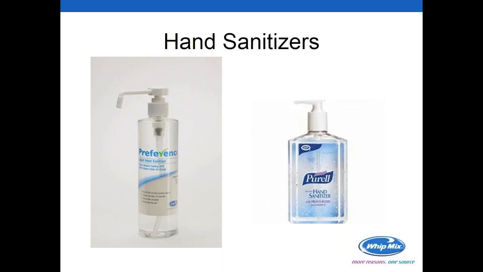But you can keep this material around you and use it in between. There's nothing wrong with that. It'll kill, at least Preference will, about 99.9% of most common germs, okay? Dries really fast. It's great material.